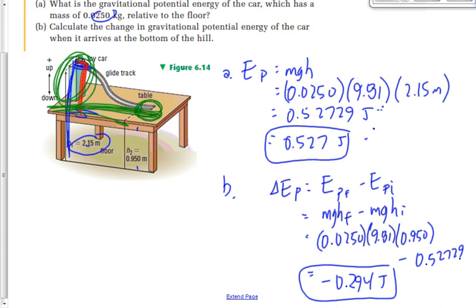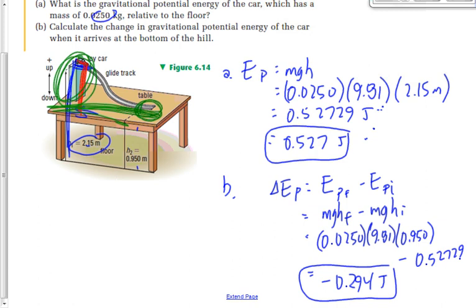Joseph? No. Still would have been a loss of energy. Would have been the same answer. The energy relative to the floor is different than the energy relative to the tabletop, but the change in energy isn't. You lose a certain amount of energy regardless of what your reference point is. Okay, does that make sense?